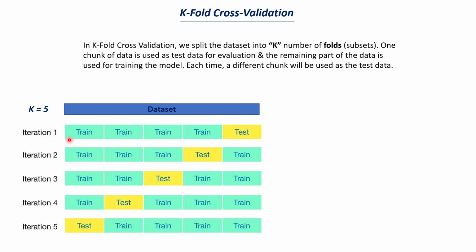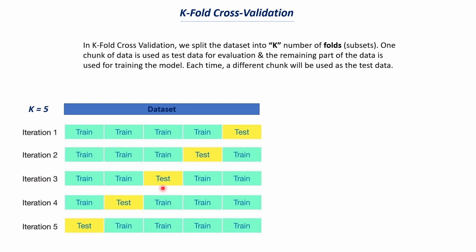For the first iteration, our logistic regression model will be trained with all these 4 chunks of training data, and once the training is completed, it will be tested on the test data. This is the first iteration. For the second iteration, the fourth fold of the data, or the fourth subset of the data, will be used as the test data, and the remaining data will be used as the training data. So this is the procedure.